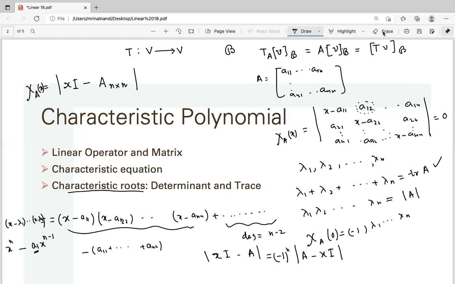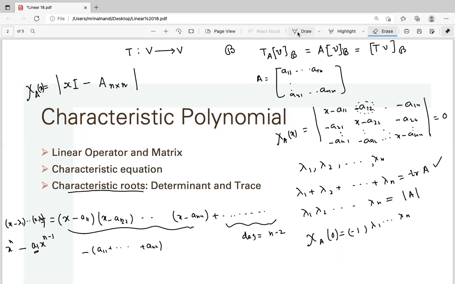Oh, sorry. No. I wrote this characteristic polynomial the wrong way. It's okay, fine.